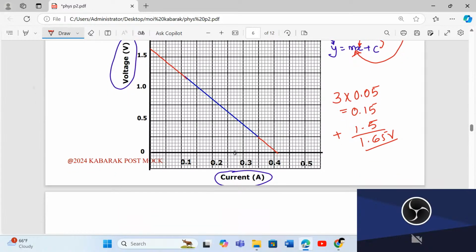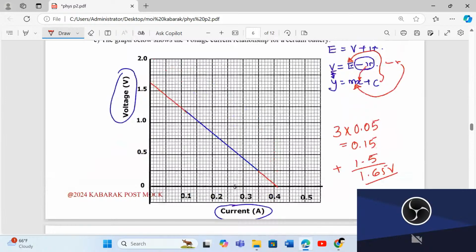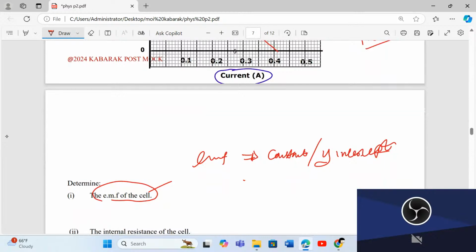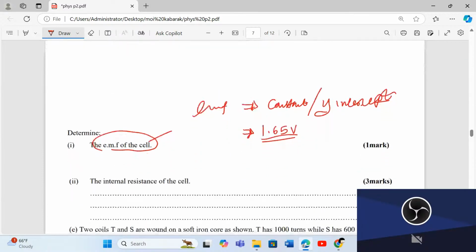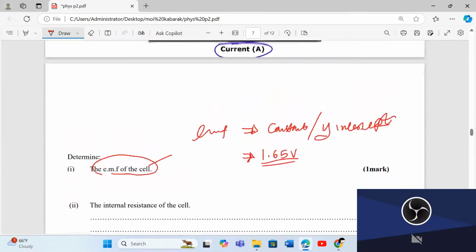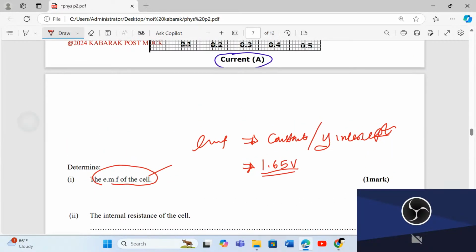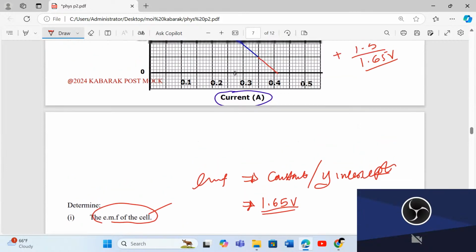Therefore, this part, which is our y-intercept, is reading for us 1.65 volts. Then the next question, the internal resistance of the cell. In this one, we are required to get the slope.